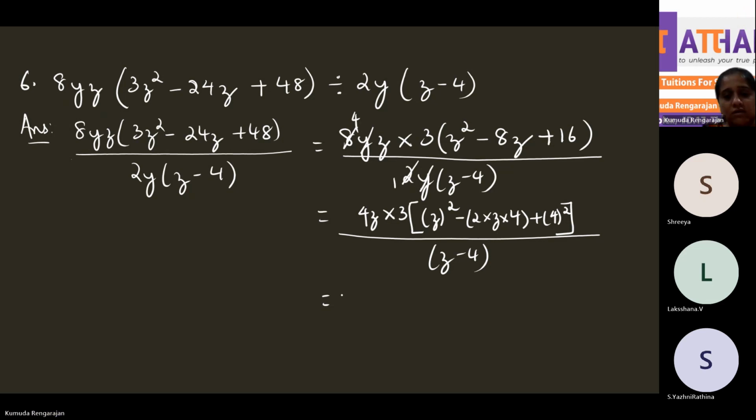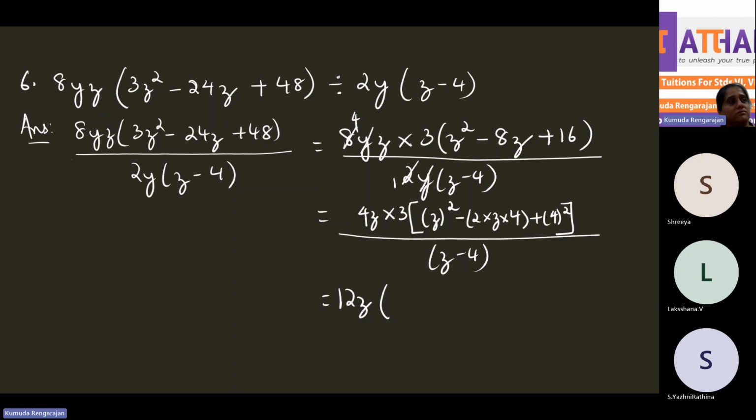So now you can multiply. 4 into 3 is 12, 12z. Okay, and in the bracket we have a square minus 2ab plus b square, which is nothing but, what is a square minus 2ab plus b square? What is a square minus 2ab plus b square, children?